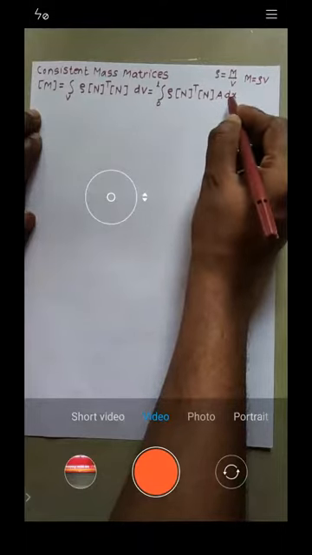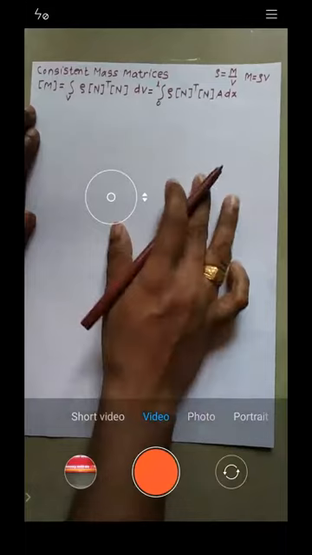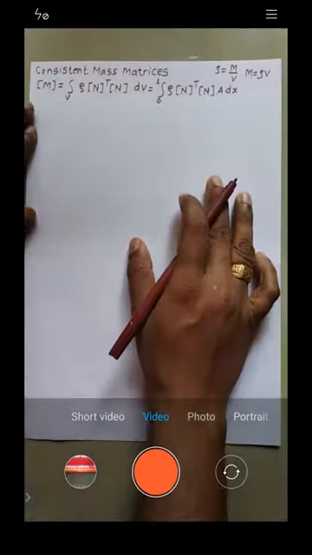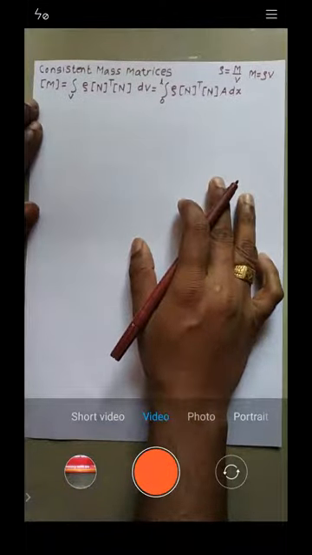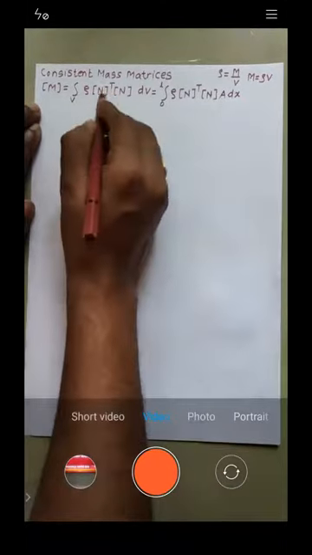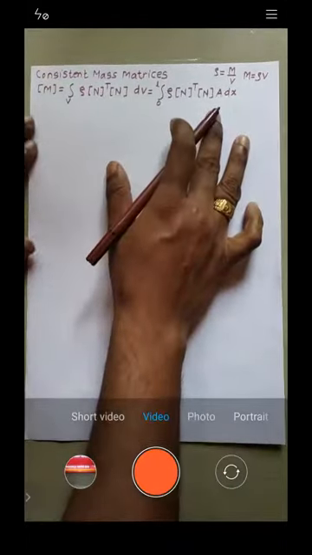The integration of dx is x, and the limit for x is 0 to L, that is L minus 0, which equals L. Is it okay? Now the question is, what are N transpose and N?